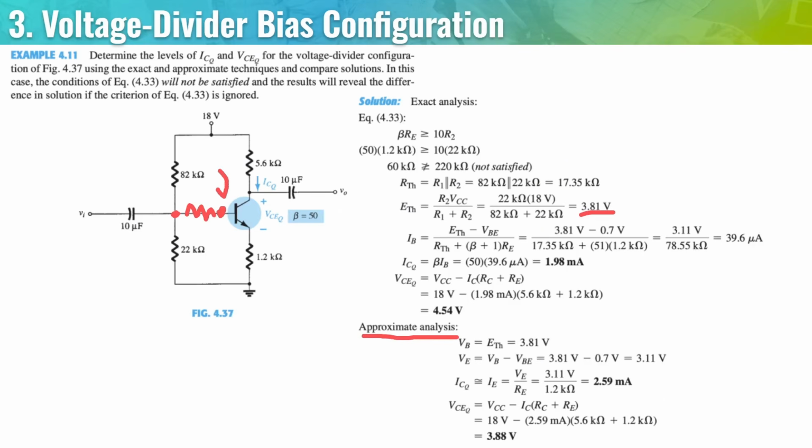That's why VB is approximately equal to ETH. From here, if we know VB, then we know what VE is. Because if this is 3.81, we just subtract the 0.7 voltage drop, and this will be 3.11. So that is how we get the shortcut. So ICQ is equal to IE is equal to VE over RE.